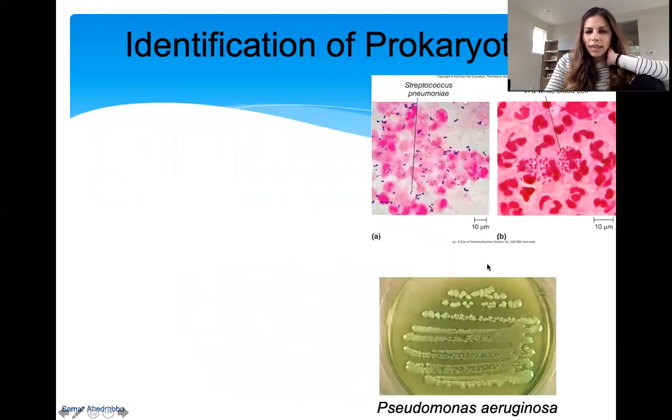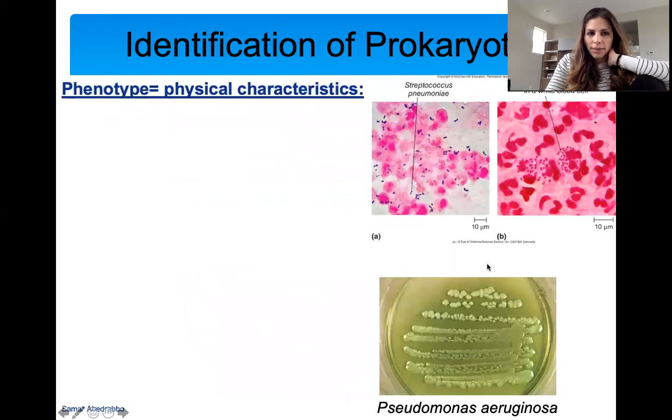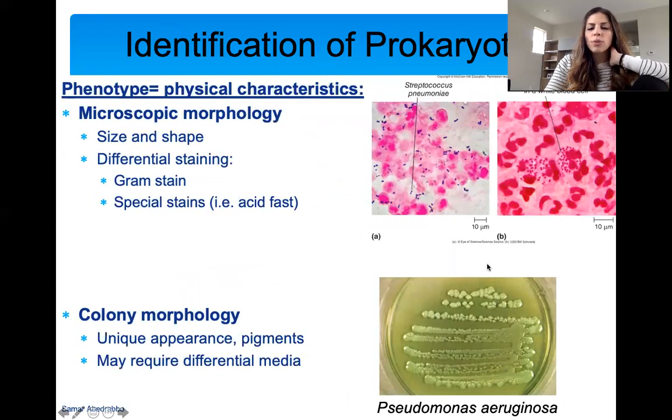So, identification of prokaryotes. We're going to talk about 2 terms I want everyone to know, which are phenotype and genotype. Phenotype is when you identify a prokaryote. Let's talk about bacteria specifically. Phenotype is when you look at physical characteristics.